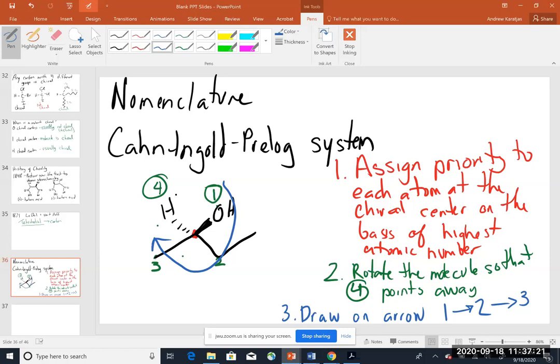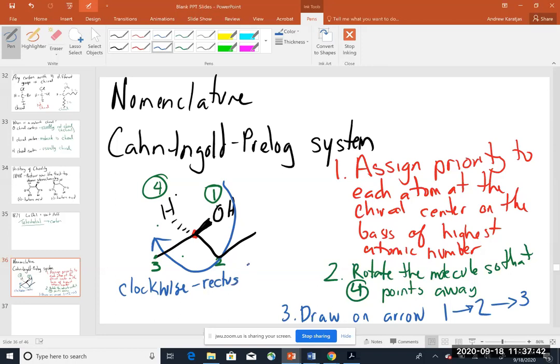So in this case, the arrow is going clockwise. And we can kind of think of clockwise as going to the right. And if you know your Latin, the Latin word for right is rectus.